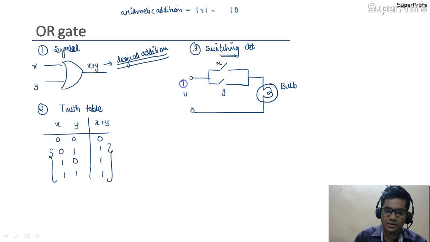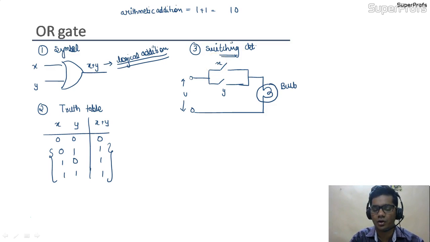Okay, this is our voltage level. So if both the inputs are 0 0, that means both the switches are in off condition, then the bulb would remain off. But if any of the switches is on, like in the second condition 0 1, the X switch is in off condition, but 1, that is Y, is in on condition.